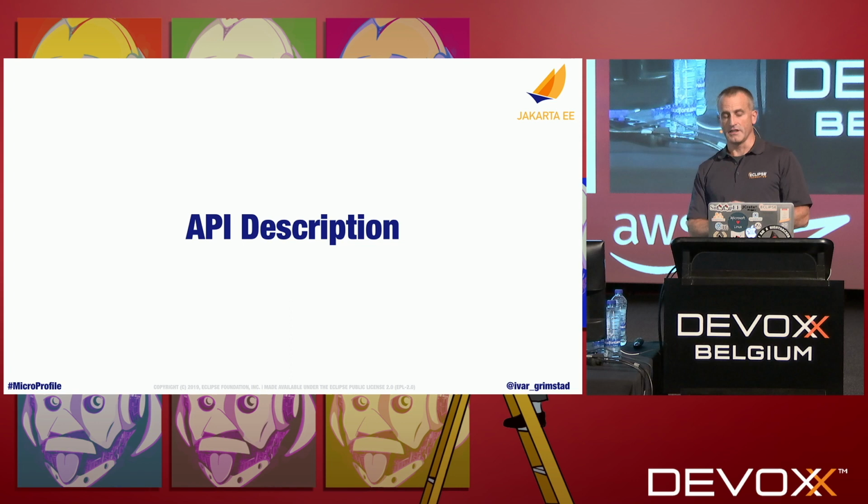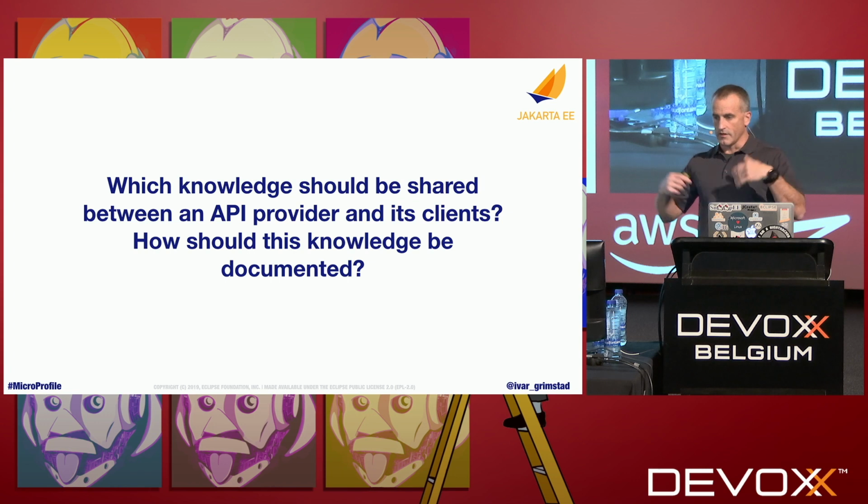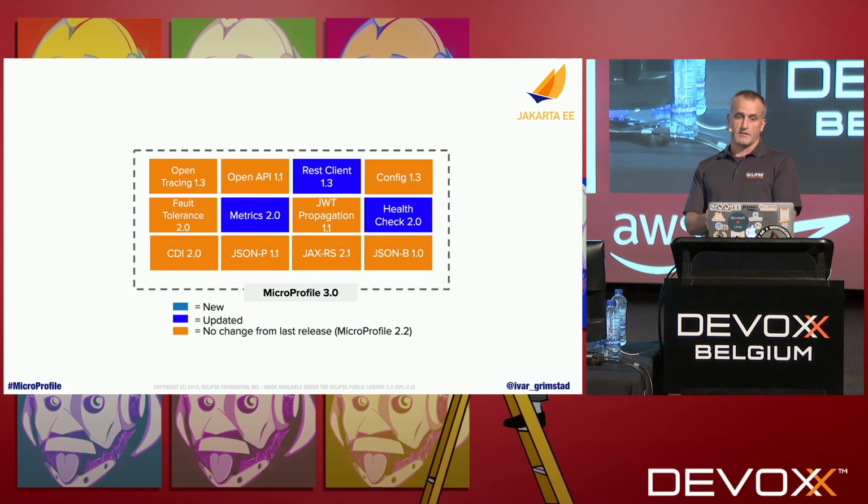The last one I'm going to show is API description. The problem statement there is which knowledge should be shared between an API provider and its clients. How should this knowledge be documented? To do this, we have the OpenAPI specification of MicroProfile.